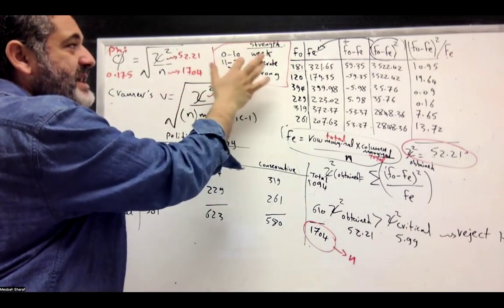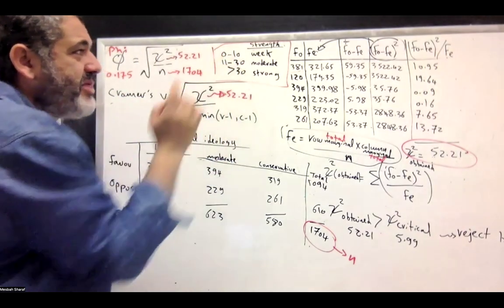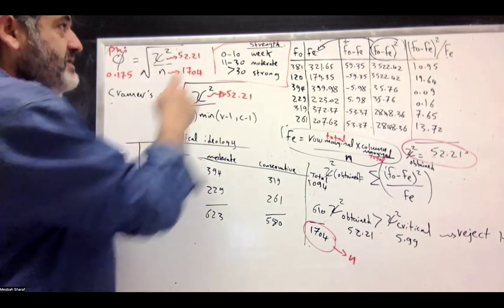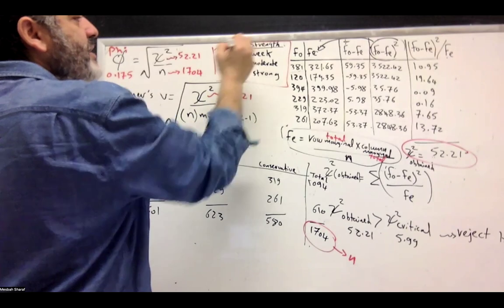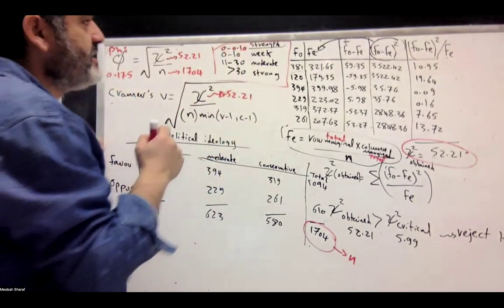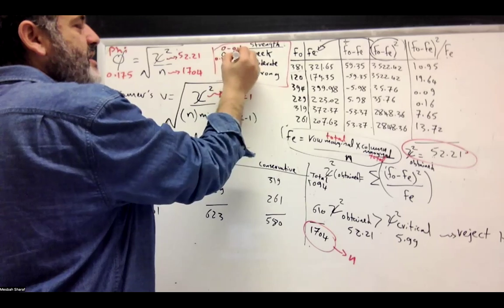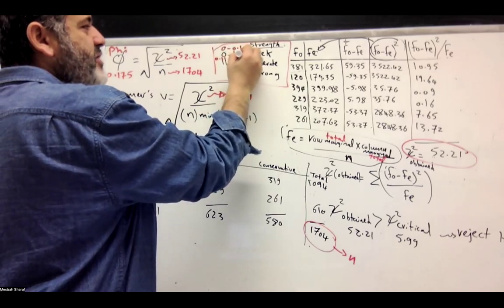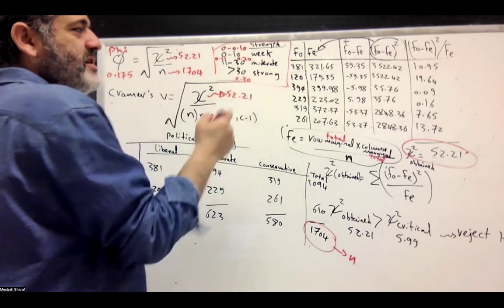If it is from 0.11 to 0.30, it is moderate. If it is greater than 0.30, it is strong. 0.10 means 10%.